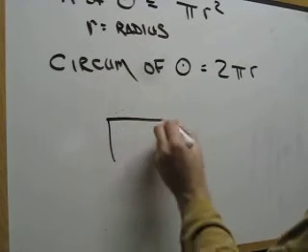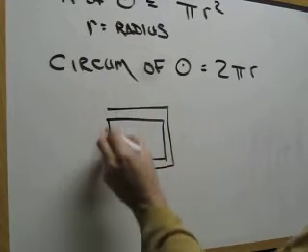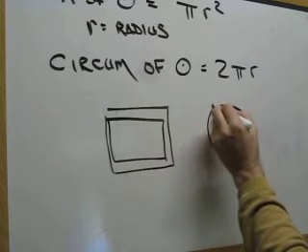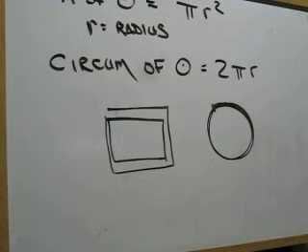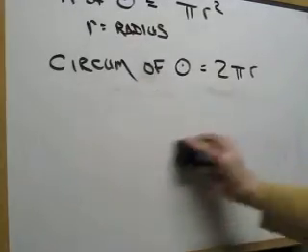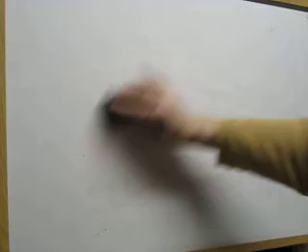Just like we had a rectangle and we said how much fence it's going to take to go all the way around this rectangle, circumference of a circle means we're going to start here. How much fence do we need to make this circle and get back to where we started? So circumference and perimeter are the same thing. It's just circumference has to do with circles and perimeter has to do with polygons, things with actual sides to them.